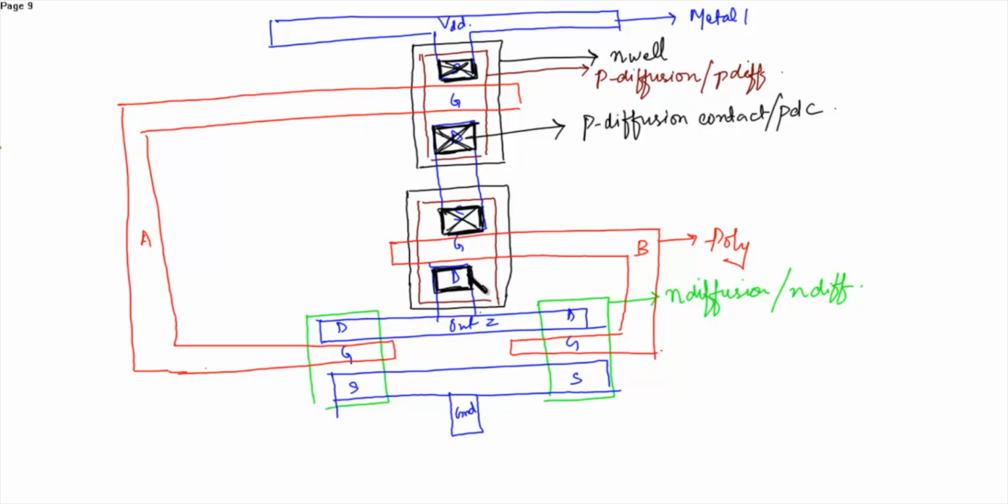This is also a p diffusion contact. After placing the p diffusion contact, that is connecting the metal layer and the p diffusion layer, connect the metal layer and the N diffusion layer.